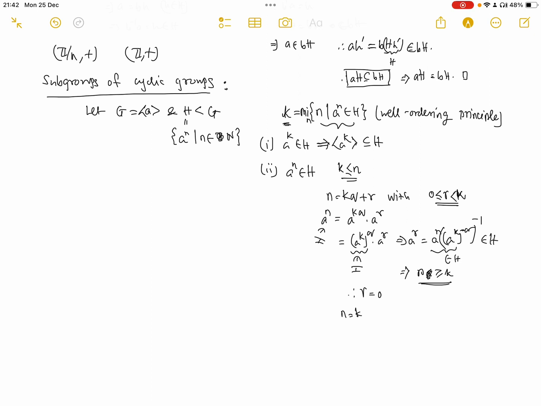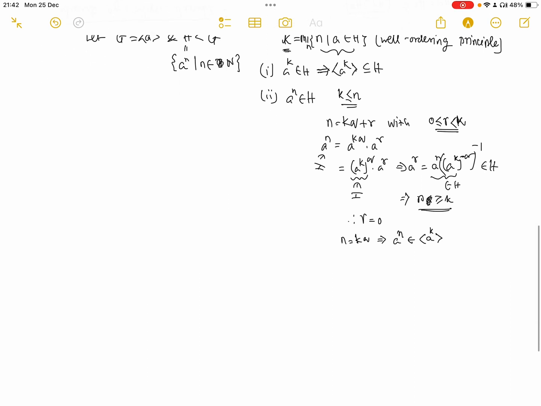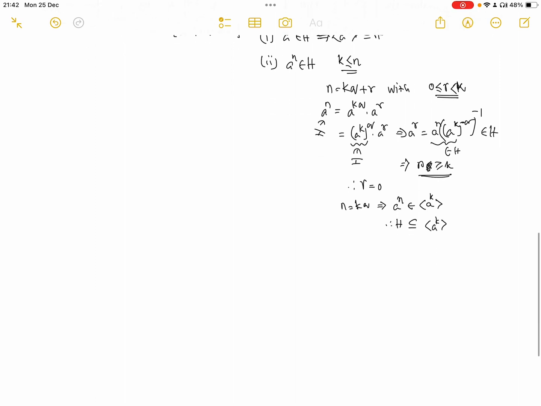And what does it imply? It implies that n is kq. That means any arbitrary element, because this element was arbitrary, right? So any arbitrary element of H would belong to the cyclic group generated by A power k. So you get that H is inside this cyclic group. And by 1 we have the other inclusion.